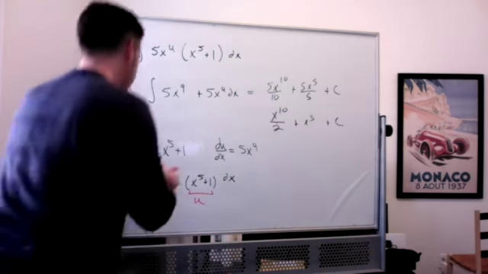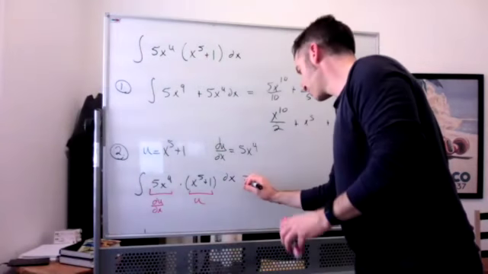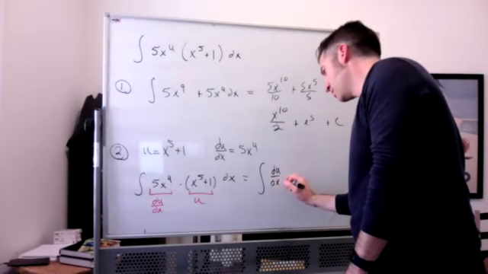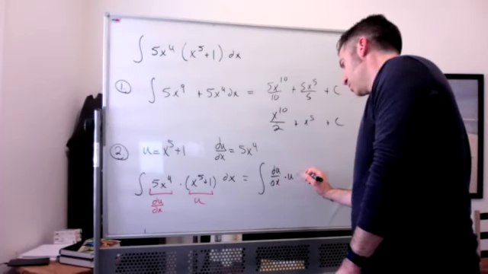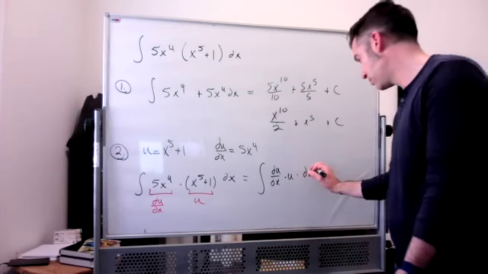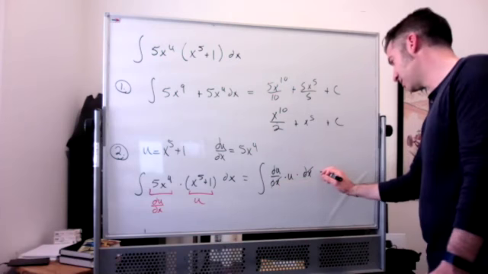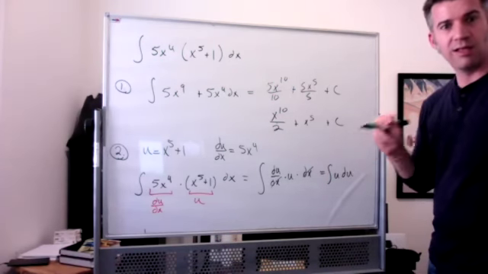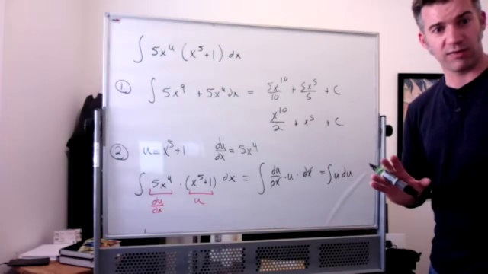So then I can write this as the integral of du dx times u times dx. And then the dx's can cancel. So I can write this as the integral of u du. Not my favorite way of getting there, but it works fine.